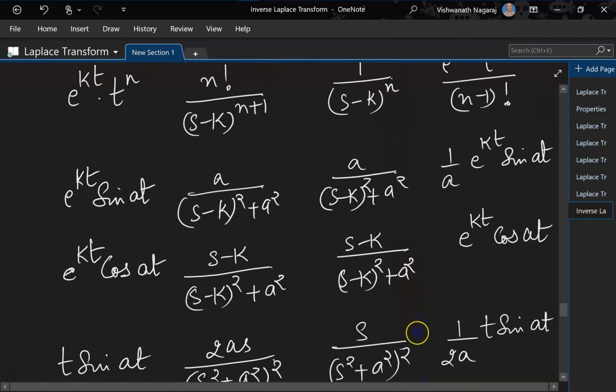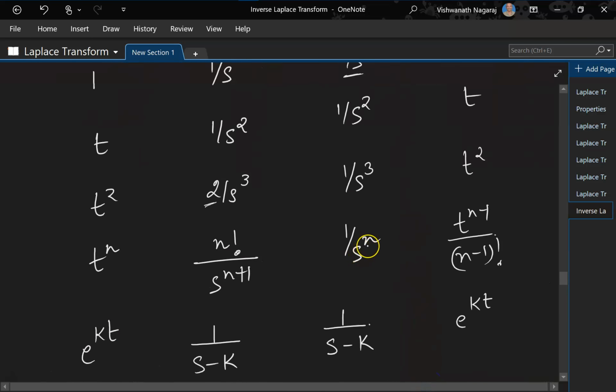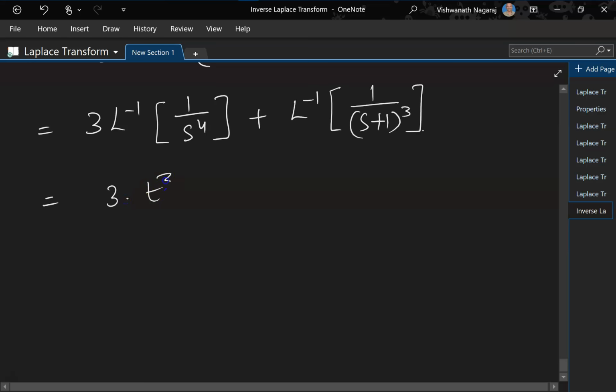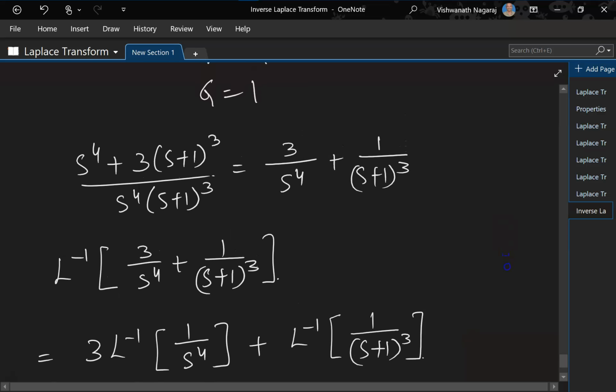So let's look at 1 by s^4. 1 by s to the power of n, so 1 by s to the power of 4. This would be t to the power of 4 minus 1, 3, so t cube by 3 factorial. So 3 times t cube by 3 factorial.